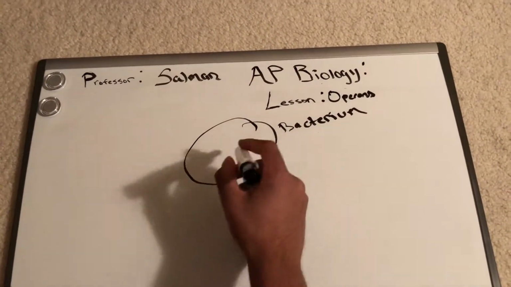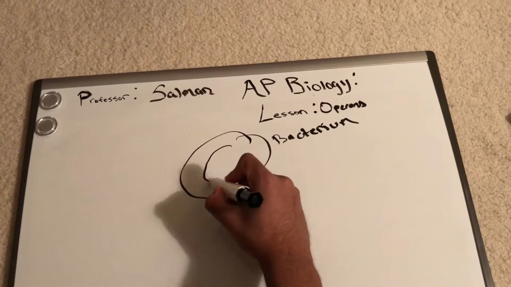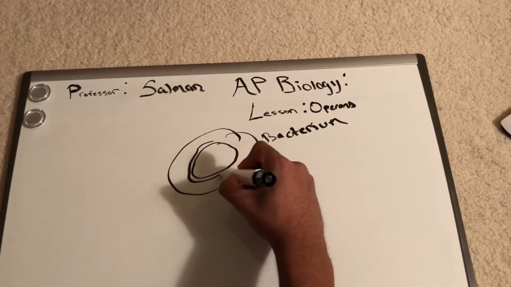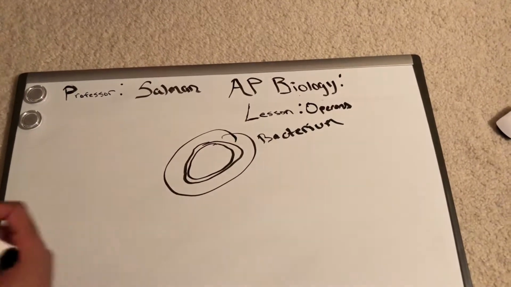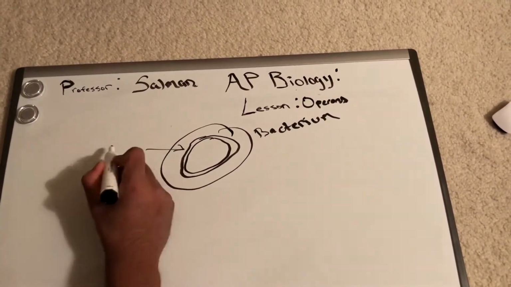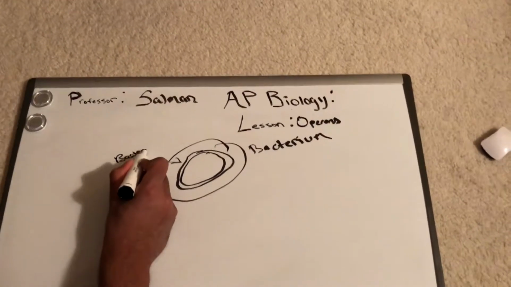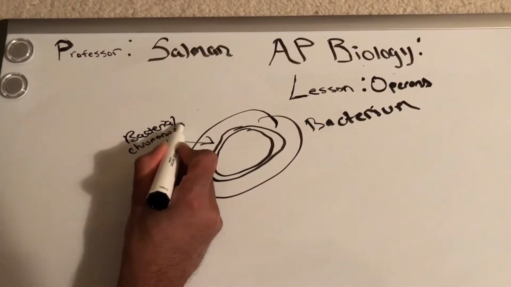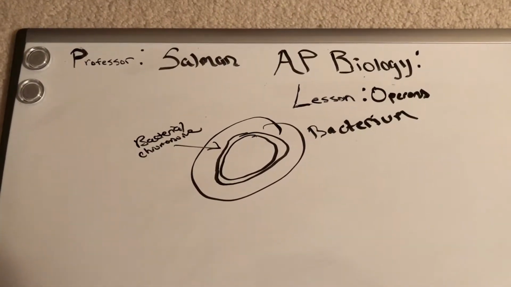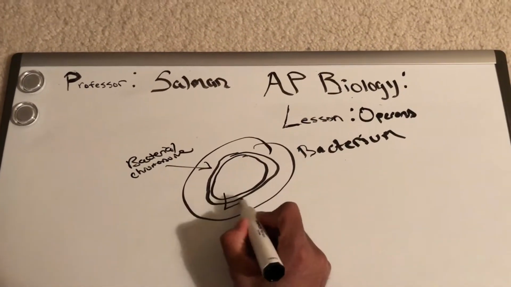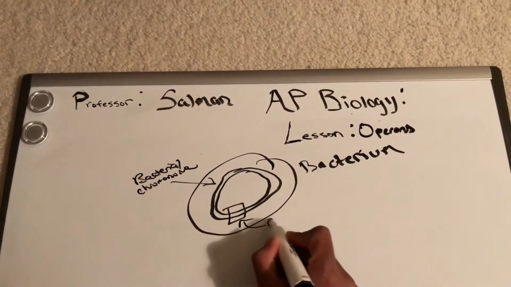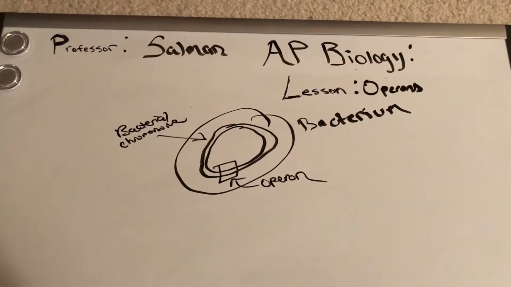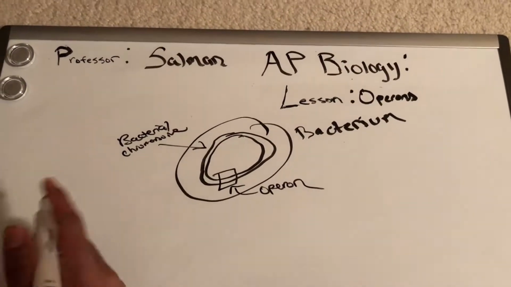And inside the bacterium, we have this small bacterial chromosome. And in this bacterial chromosome, a specific section of it is your operon. So now, if we expand the view of that specific operon, this is how it will look.